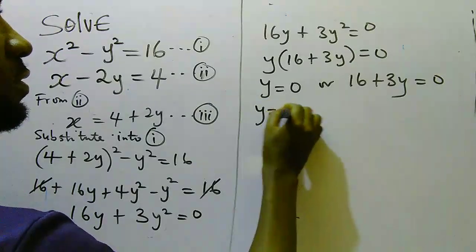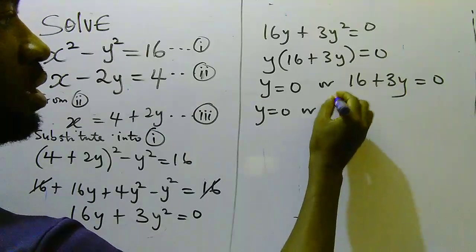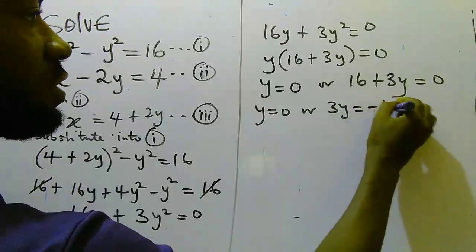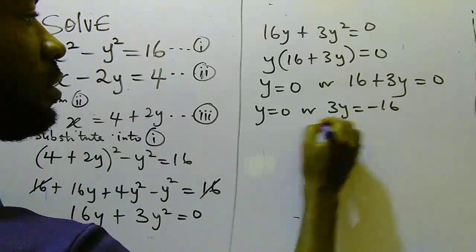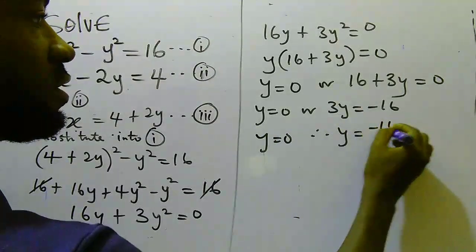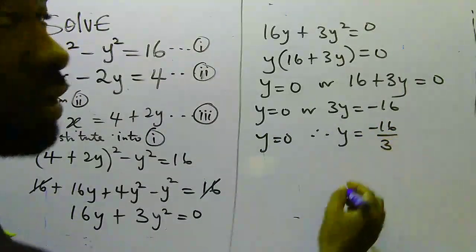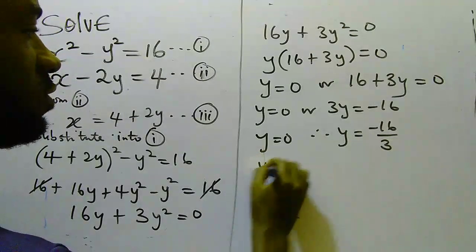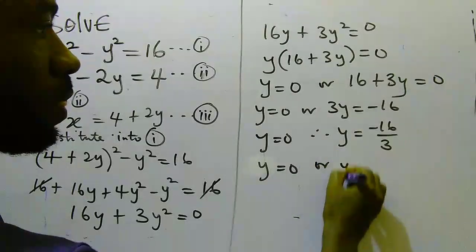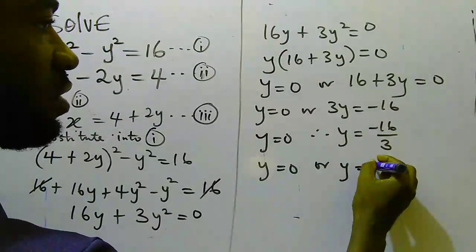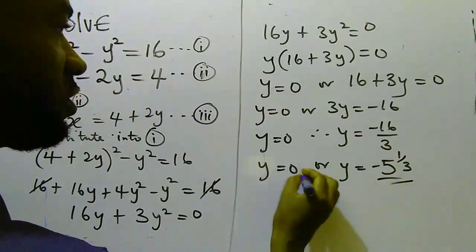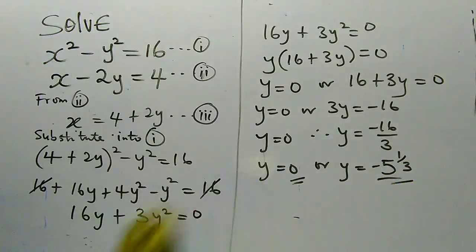So from here, 3y is equal to minus 16, and therefore y is equal to minus 16 over 3, which is minus 5 1 over 3. So we have gotten these two values for y.